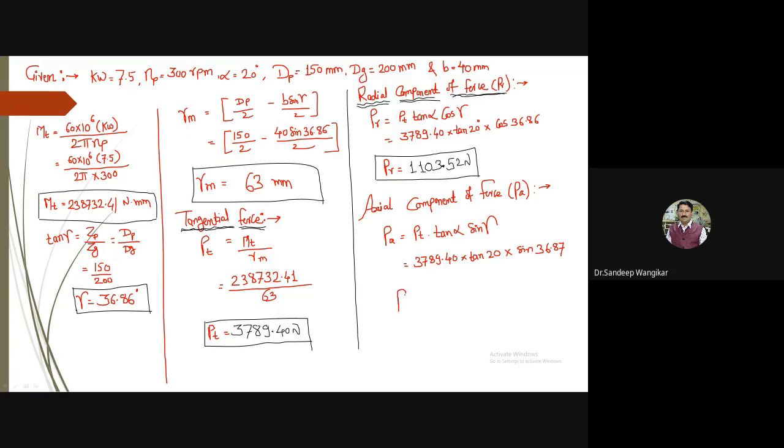So I can say here PA is equal to 827.347. Okay, so I will say here 827.35 Newton.